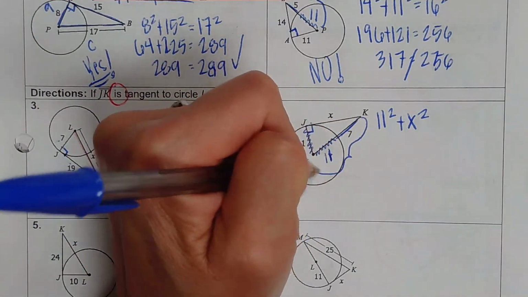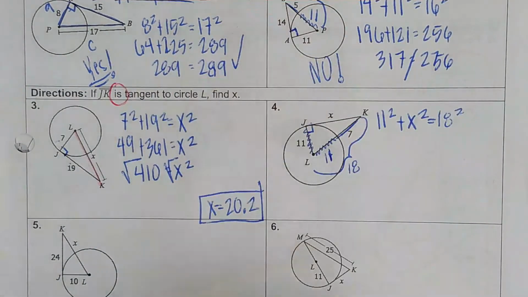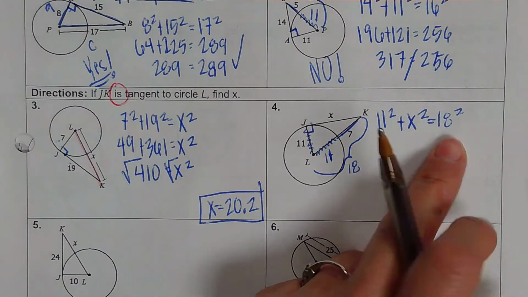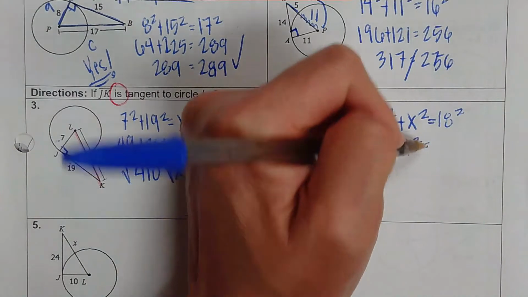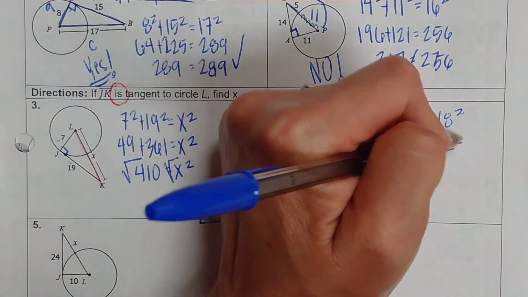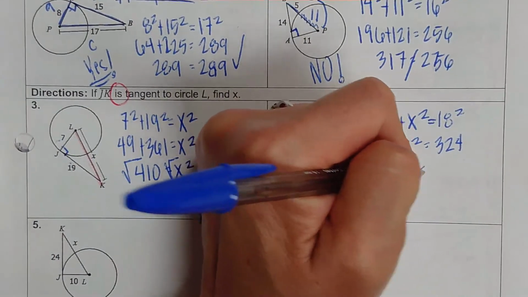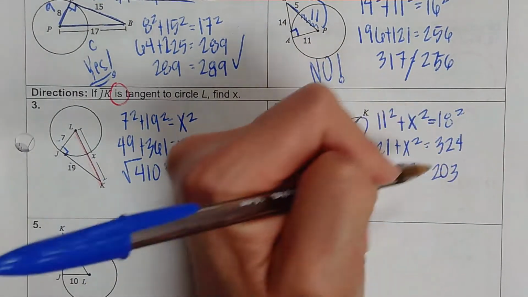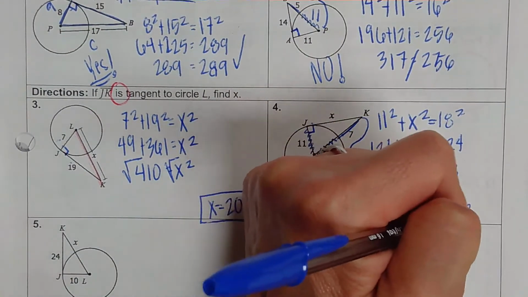So when I add them together, I get 18. 18 squared is what I want to do. So 11 squared is 121 plus x squared equals 324. All right, I end up with x squared equals 203 and x equals 14.2.